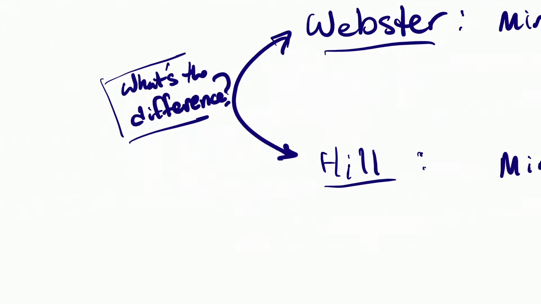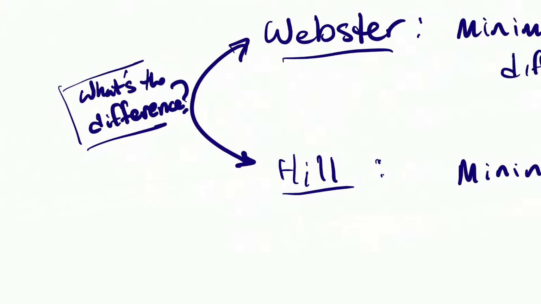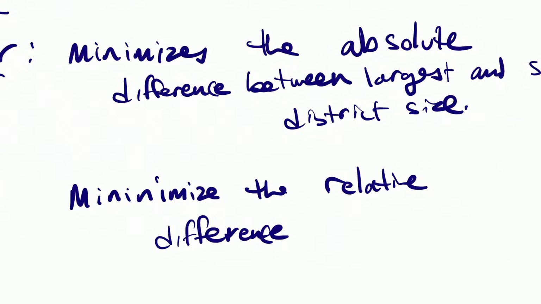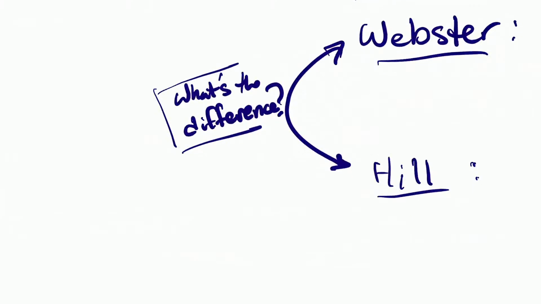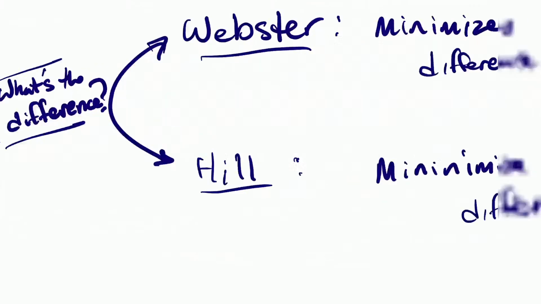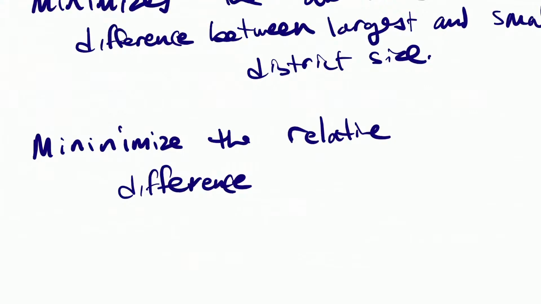So that in the future, I'll be able to say, look, here's an apportionment, here's Webster's method. It minimizes the absolute difference between largest and smallest district size. And the same problem using Hill gives you a different apportionment, and that minimizes the relative difference between largest and smallest district size, and show the actual differences there. So that's my ultimate goal.